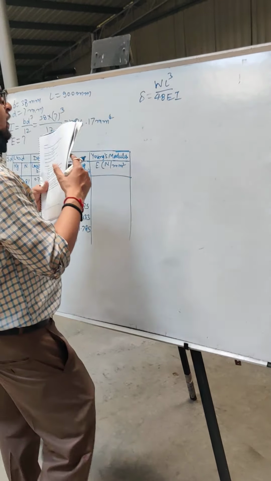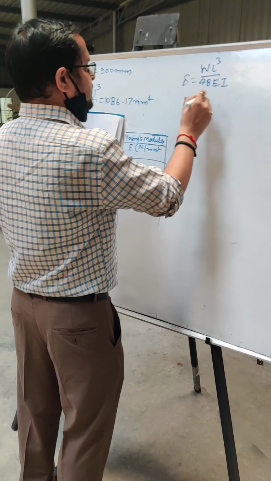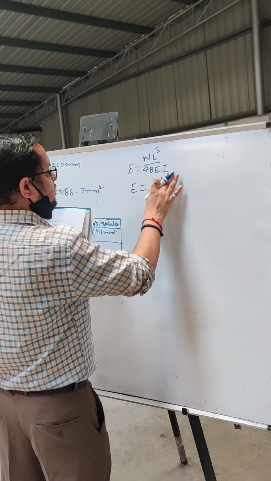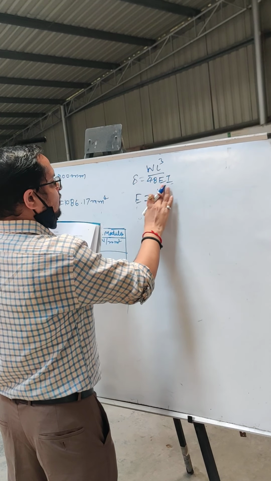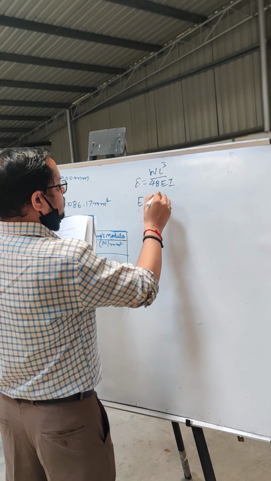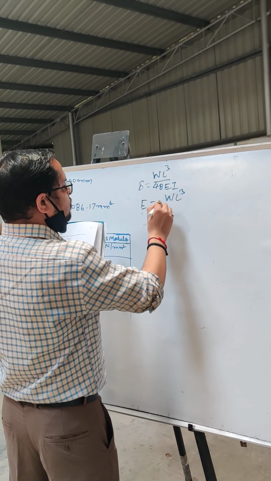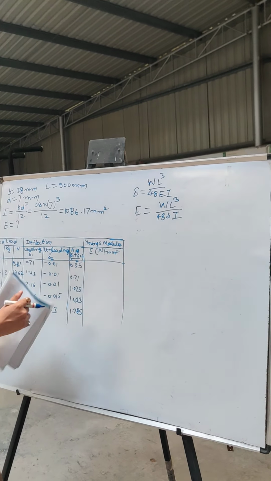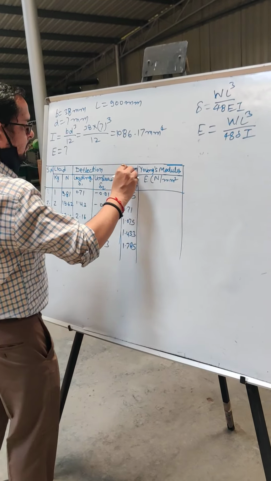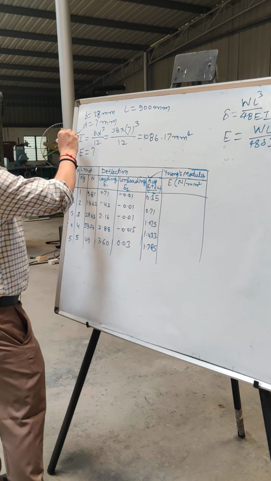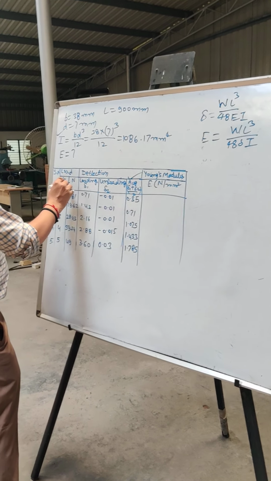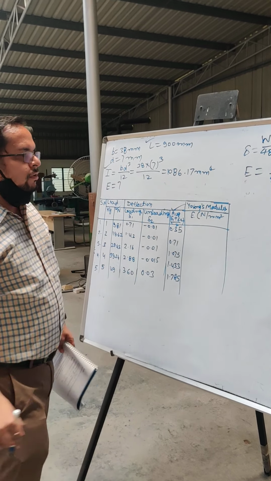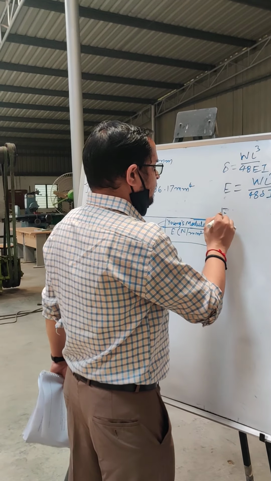And E is equal to W L cube upon 48 del I. You know the del value, the I value, the W value, and the L value. So everything you know. First we have to calculate the E1 value.